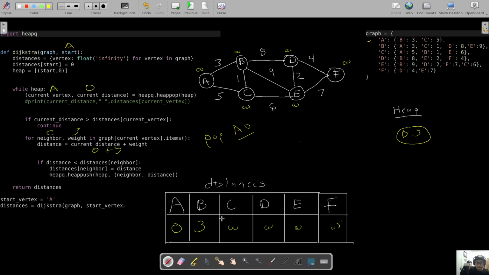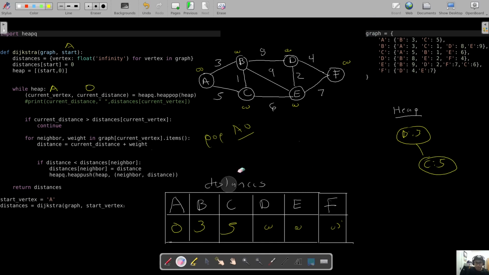And we know that 5 is less than infinity. So we add it to our array. Okay. And then 5 gets pushed into the heap. Okay. And then we're done here.